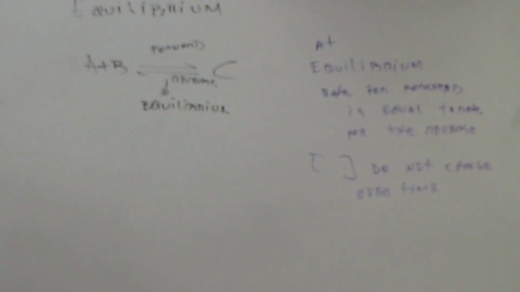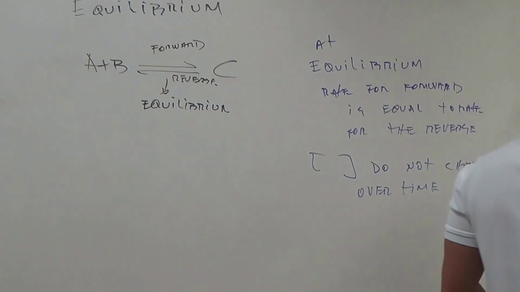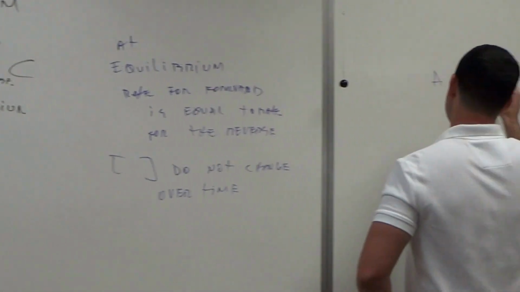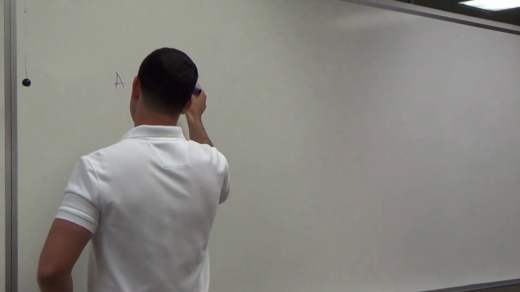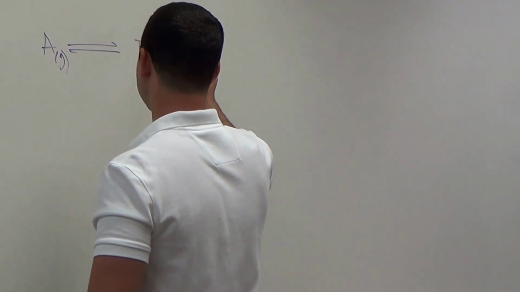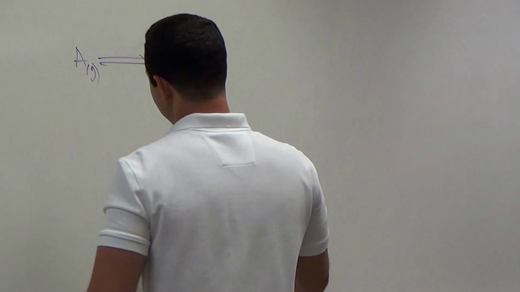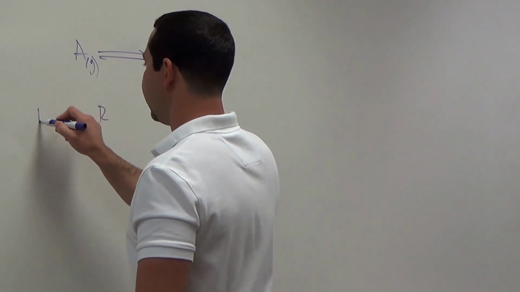Here's the mathematical view of this. Let's give you another one. A gives you B. Let's say it's a gas. Whatever it happens to be, it doesn't matter. What is a forward rate?